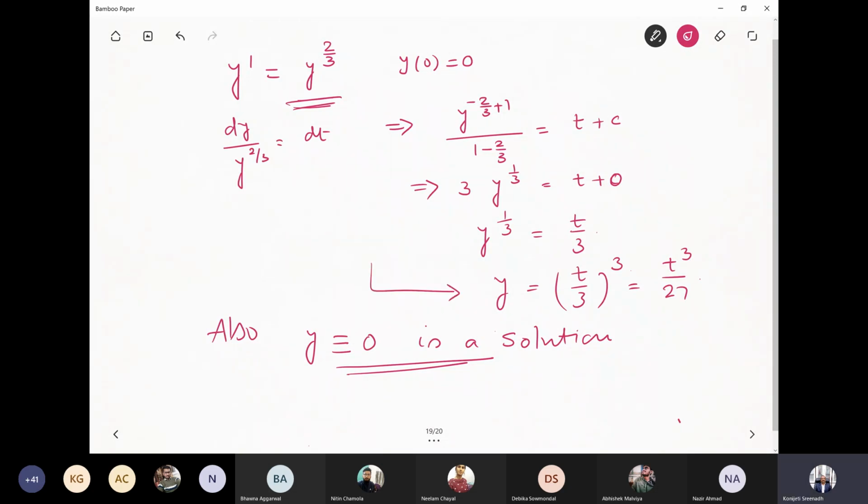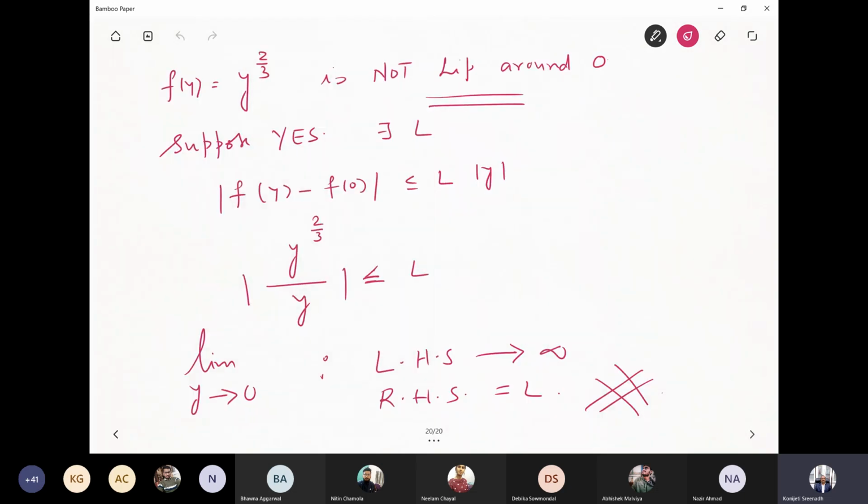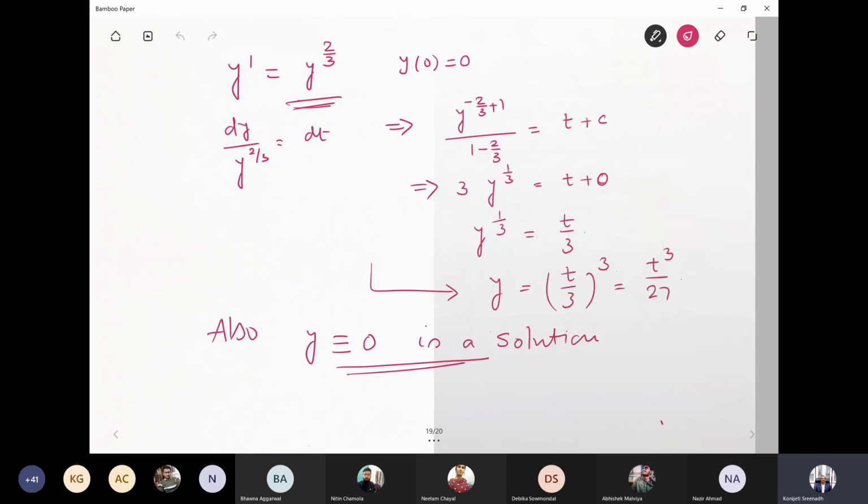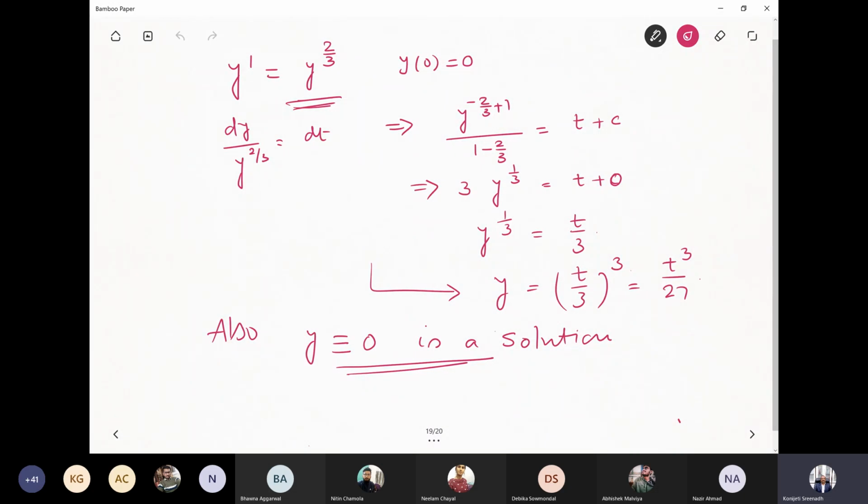Not only this, in this case, there are infinitely many solutions. Why is that? Look at the graph of t cube by 27. This is t cube by 27, which looks like this, right? The same graph, you can just translate it by a constant. Call this constant, any constant, say alpha, and take it to be 0 here.